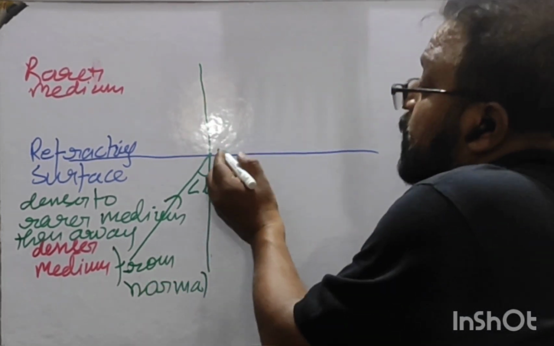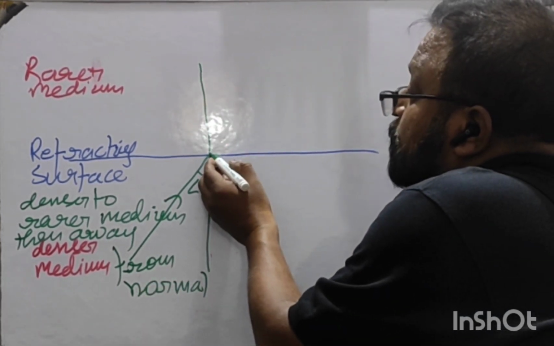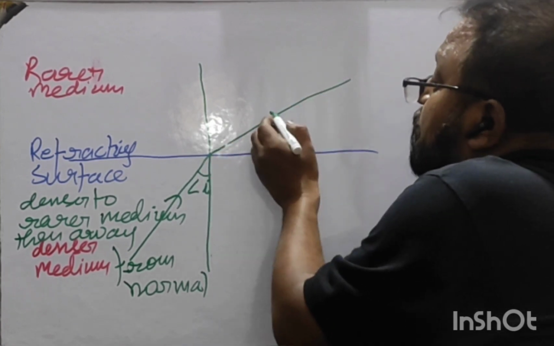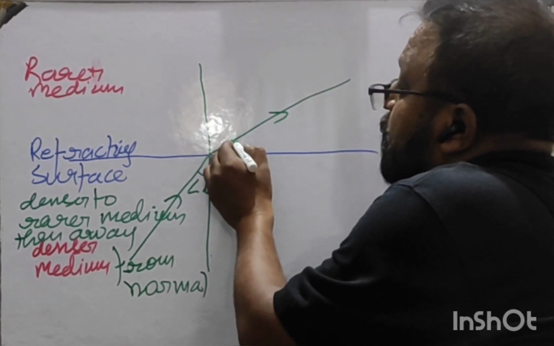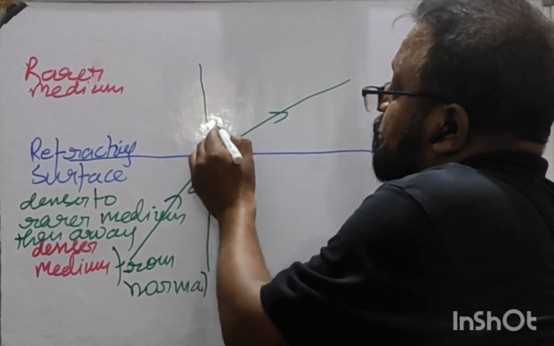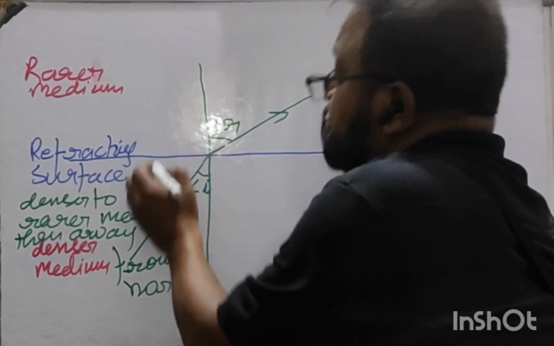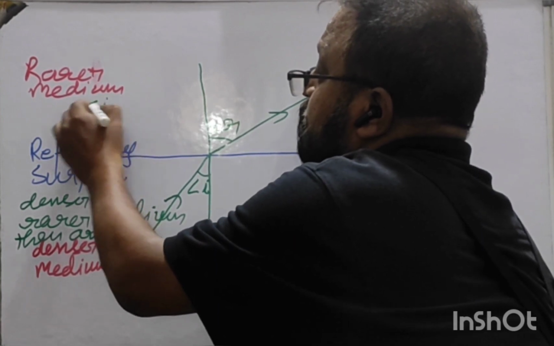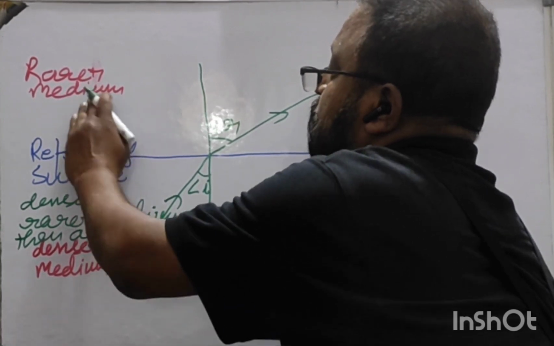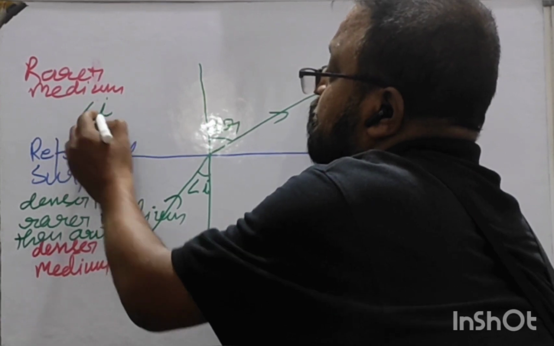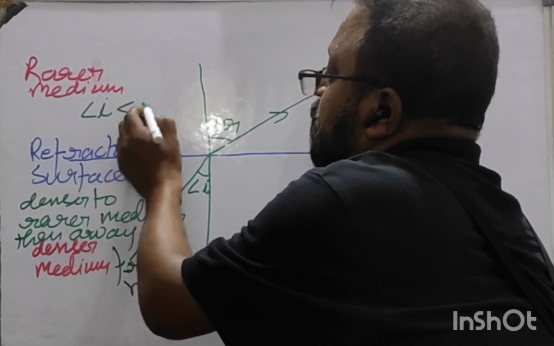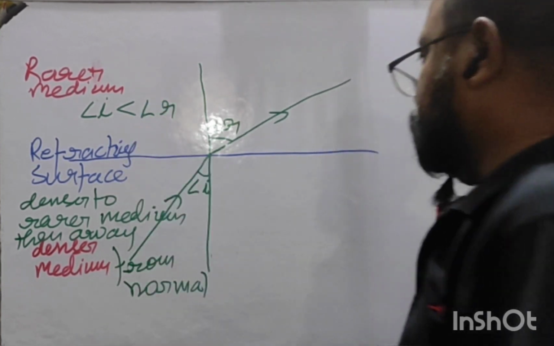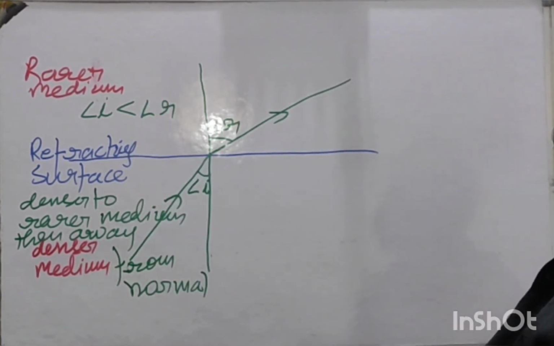अब जब ये लाइट रे इधर आई तो ये डिविएट, ये नॉर्मल से हट के जाएगी तो थोड़ा सा ऐसे जाएगी, ठीक है? दिस इज कॉल्ड एंगल ऑफ रिफ्रैक्शन, राइट? In this case, angle of incidence is always smaller than angle of refraction. Angle of refraction will be greater, right?